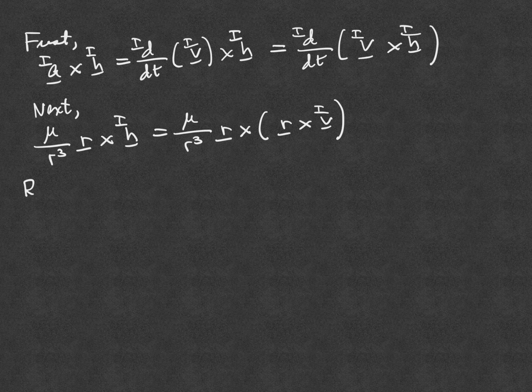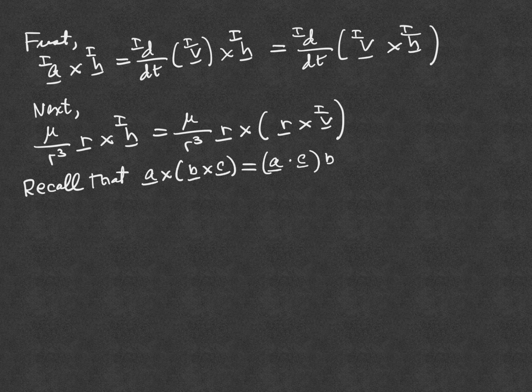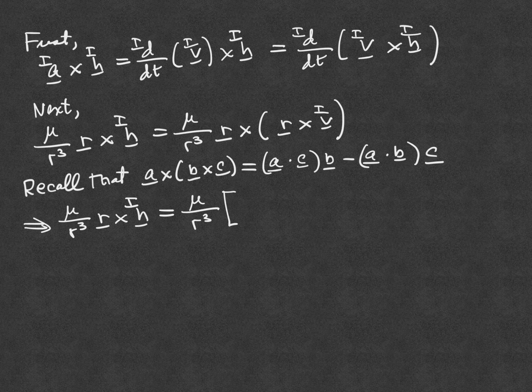So recall from vector algebra that A crossed with B crossed with C is equal to A dotted with C times B minus A dotted with B times C. So that implies that mu over r cubed times r crossed with h_I is equal to mu over r cubed times, well, I get r dotted with v_I times r minus r dotted with r times v_I.